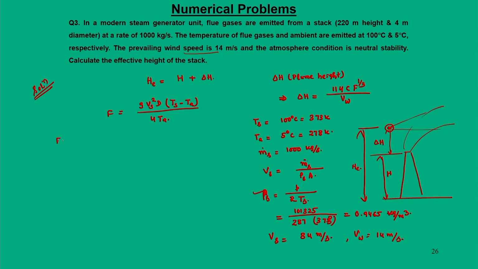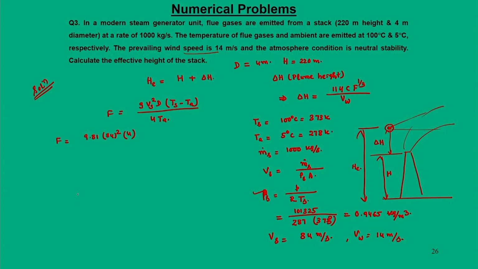So, one can find out F is equal to 9.81, V S is 84 square, stack diameter D is 4 meter, and H is equal to 220 meter.